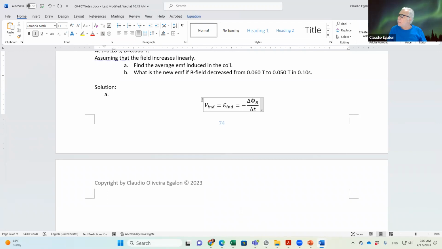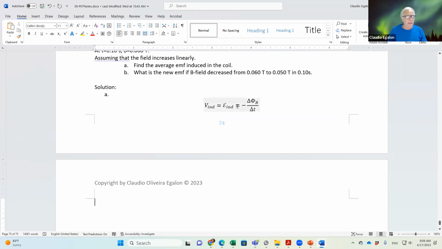Minus, nope. That's the induced electromotive force. They usually put this letter here, epsilon, but in reality, it's a sort of voltage, the type of electric voltage.